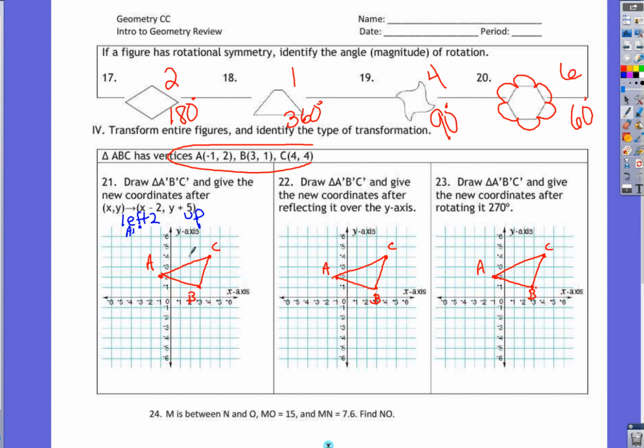C, left 2, 1, 2, 3, 4. It goes off my graph, that's okay. And then B, left 2, 1, 2, 3, 4, 5. Do we see now how it has gone left 2 and gone up 5?